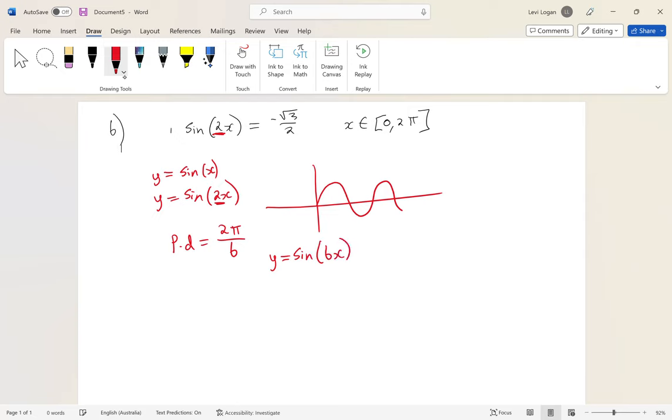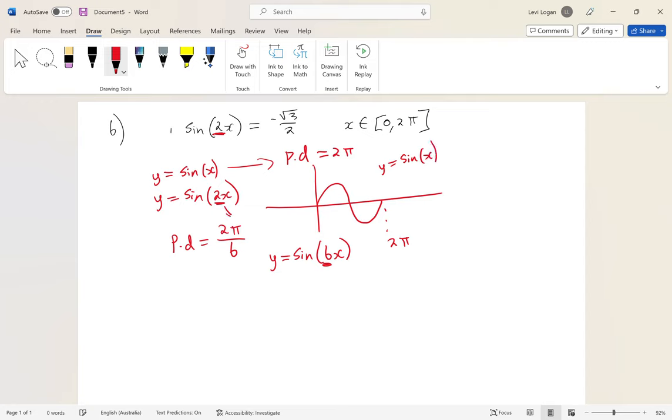Now our period distance is going to be a lot shorter because we've put a number in here. So for our first equation, our period distance is 2 pi. So one cycle just goes to 2 pi. This is for the graph y equals sine x.